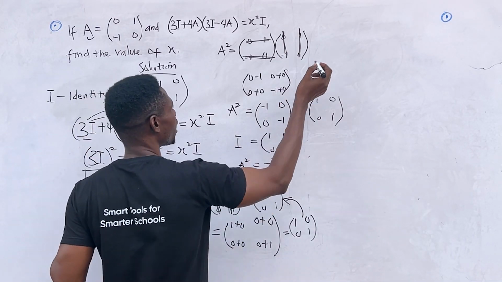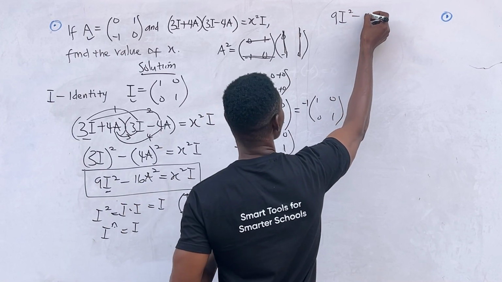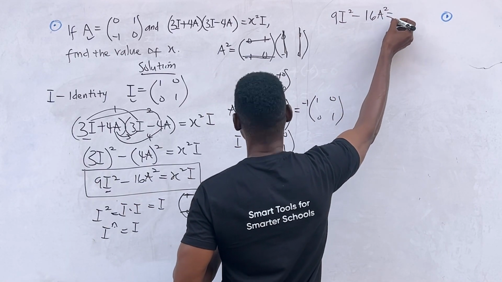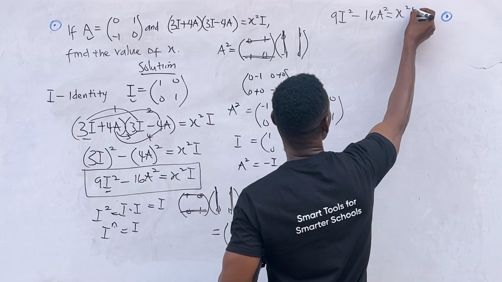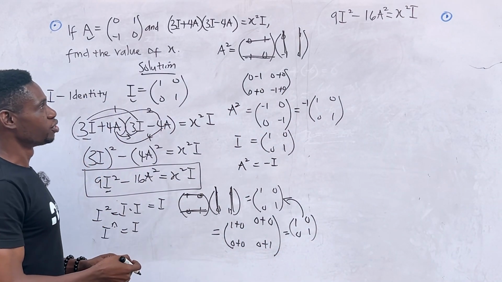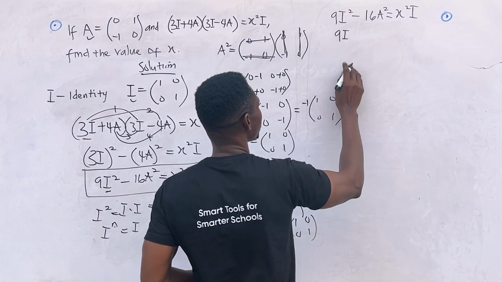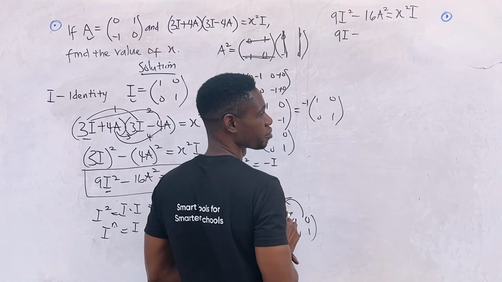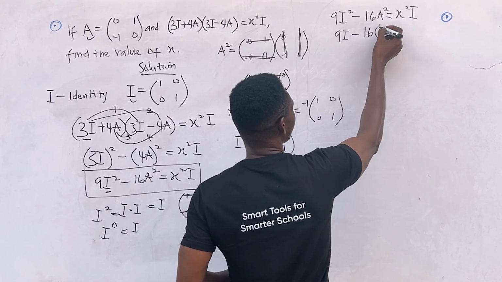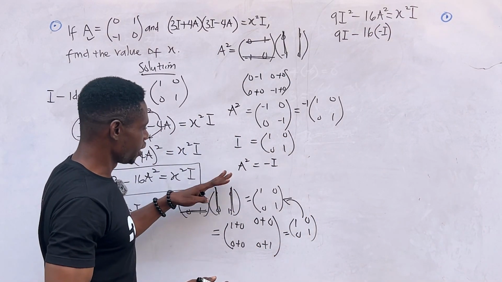So what we have is 9I squared minus 16A squared equal to x squared I. Now looking at everything we've done, I squared is obviously I. So we'll have 9I minus 16 times A squared. A squared is a negative I, as proven by what we did earlier.